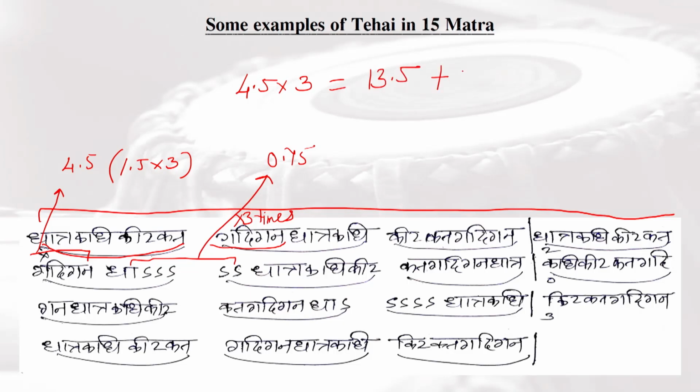Plus 0.75 into 2. These are 2 pauses. So we get 1.5. So the total calculation is 13.5 plus 1.5.